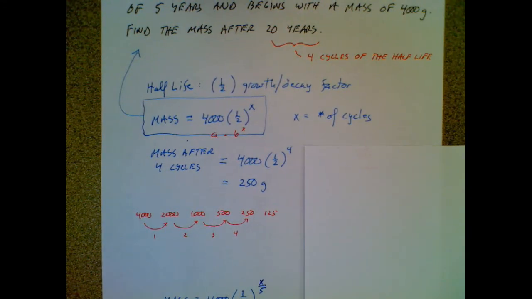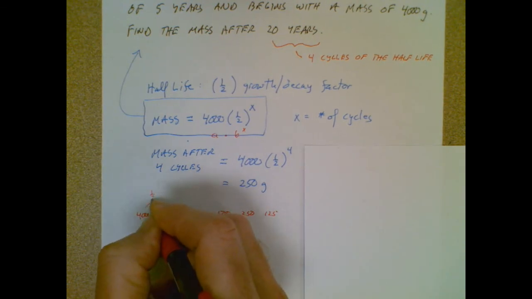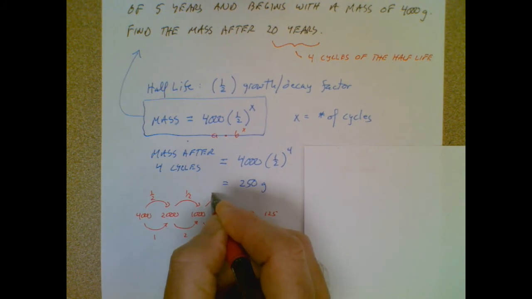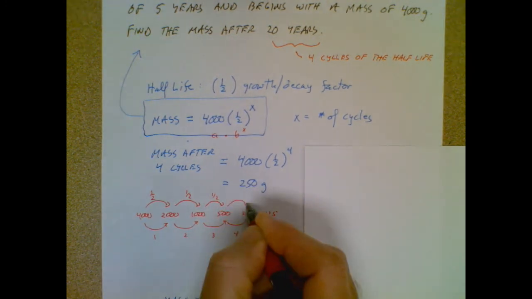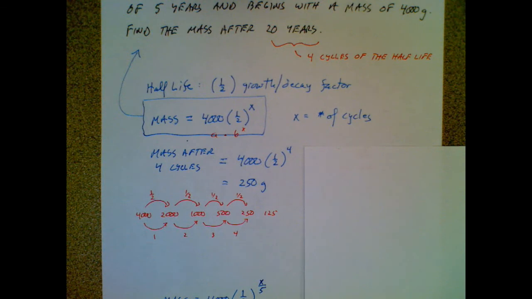You'll notice this is basically a geometric sequence because I have a common ratio of multiply by 1/2. In fact, all these exponentials are some form of geometric. But the point is, you could reason this one out by yourself.